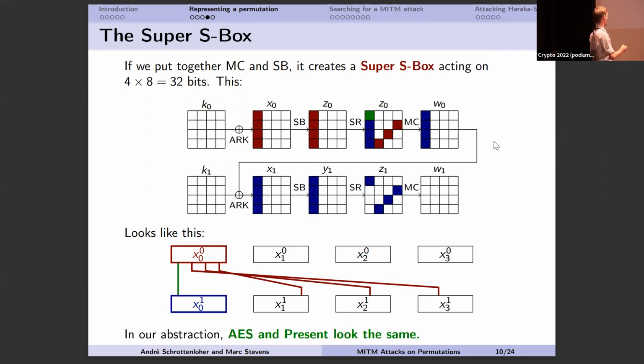So now I have a layer of super S boxes, followed by a permutation of bytes, followed by a layer of super S boxes, etc. So in our paper, we basically started from the PRESENT representation of these permutations, and actually we could then include AES by using the same representation. So this is why I can focus on these nice weighted graphs.